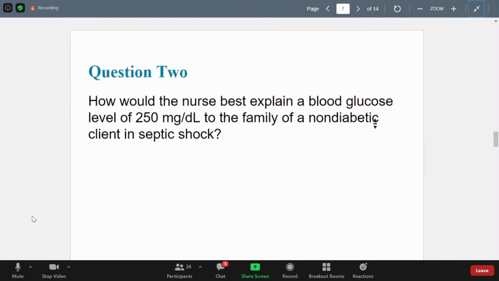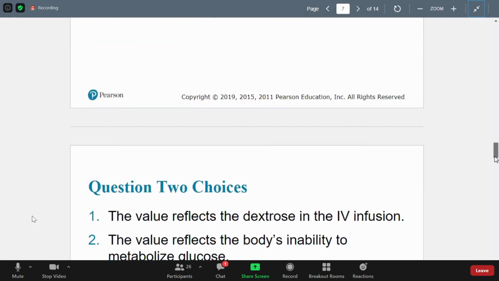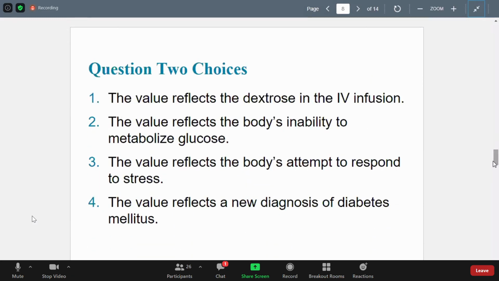The next question was, how would the nurse best explain a blood glucose level of 250 milligrams per dL to the family of a non-diabetic client in septic shock? Number 3, the value reflects the body's attempt to respond to stress. Yes, so that is the right answer.